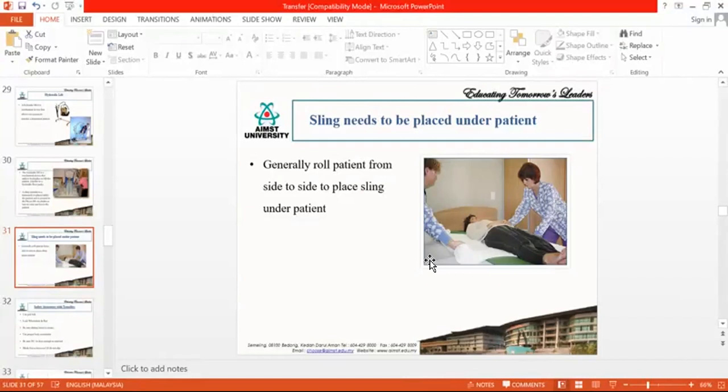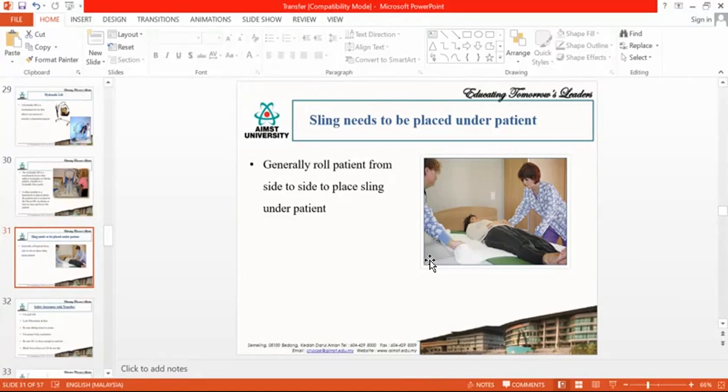Another is the patient needs some supervision for transferring. The patient will be transferring while the therapist supervises how the person is keeping the leg and getting transferred from one place to another. So this is your independent transfer.